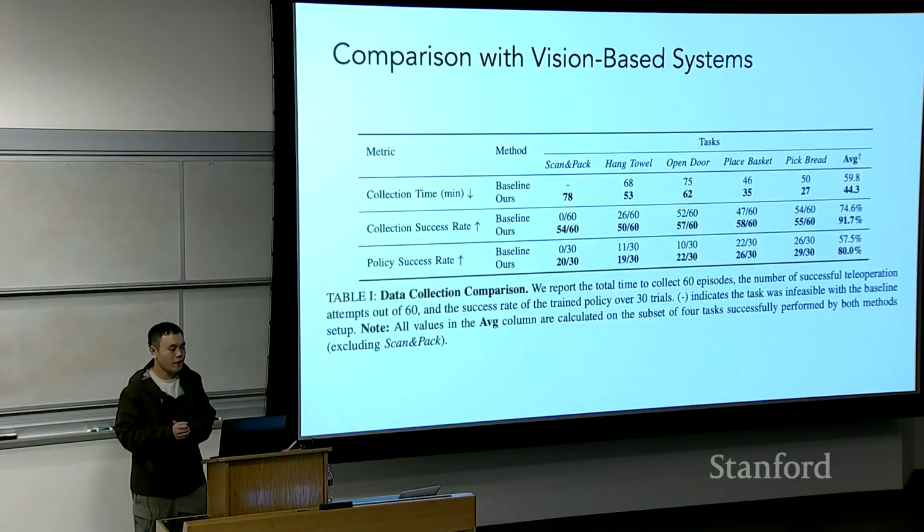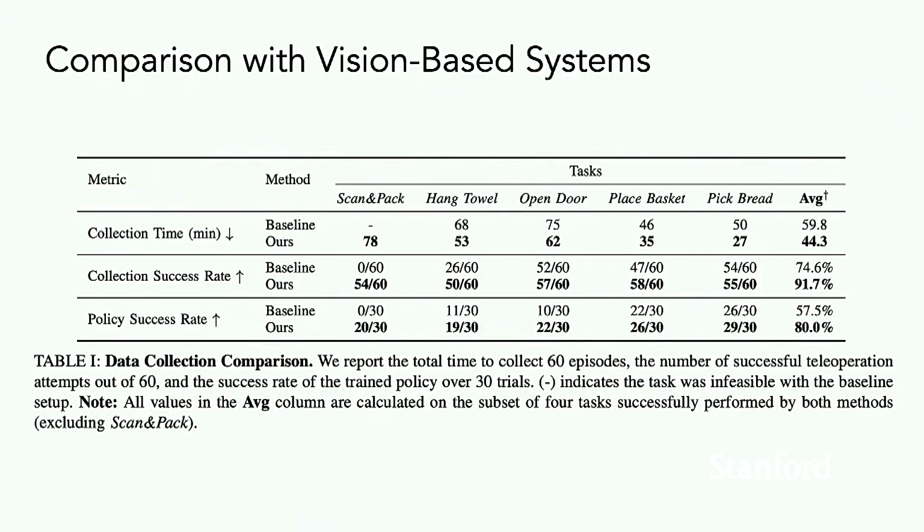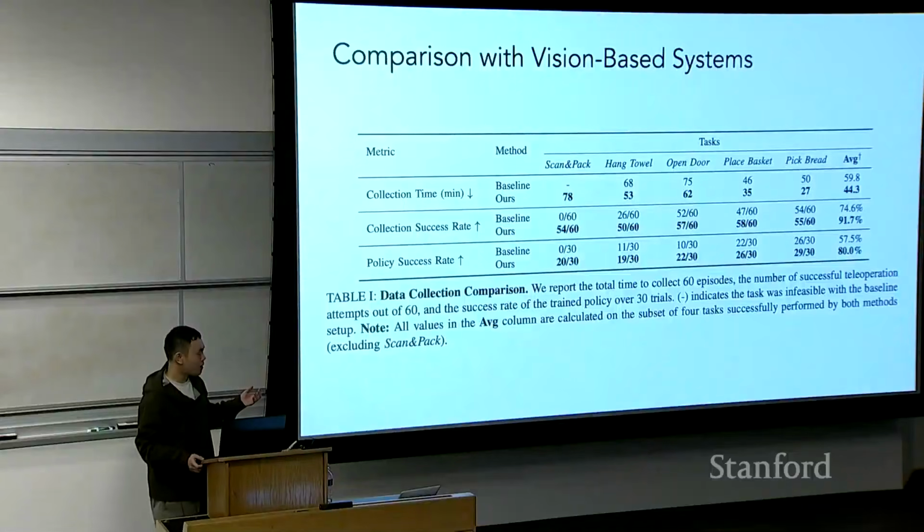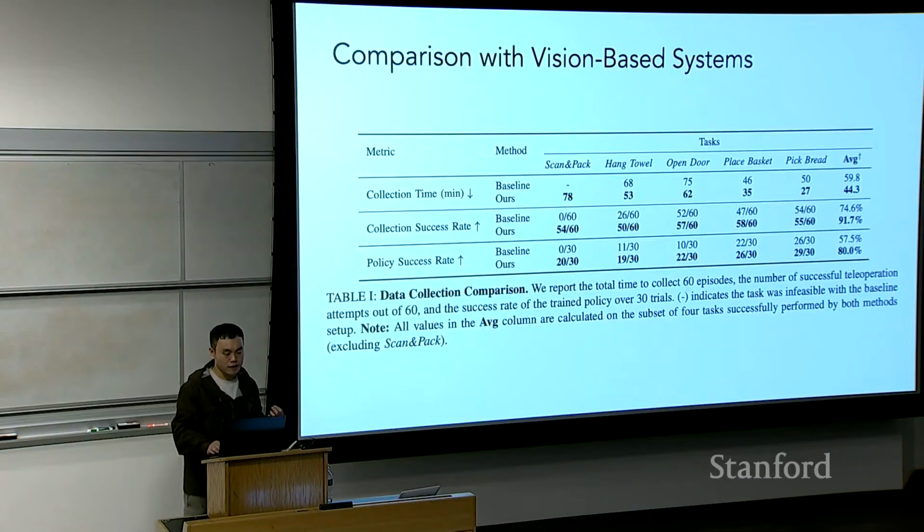Also, we compare this IMU-based motion tracking system to a vision VR-based motion tracking system. We show that compared to the vision-based system, this IMU-based teleoperation system is a bit better in terms of collection time, collection success rate, and also final policy rollout success rate.